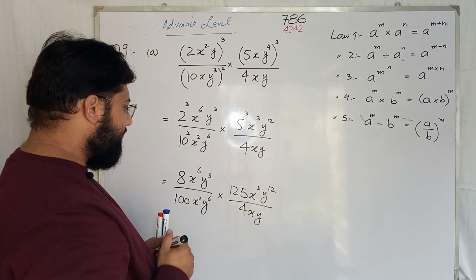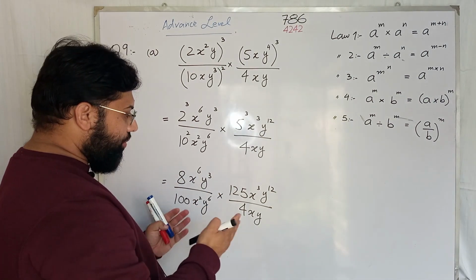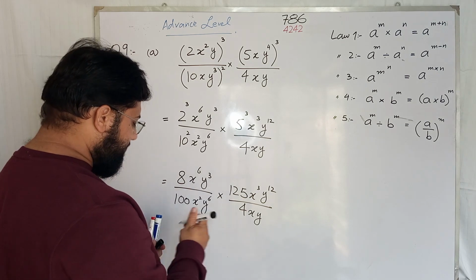As we all know that if we are having multiplication in between the fractions, we are allowed to do the cross cancellation. So check it out if the cross cancellation is possible.